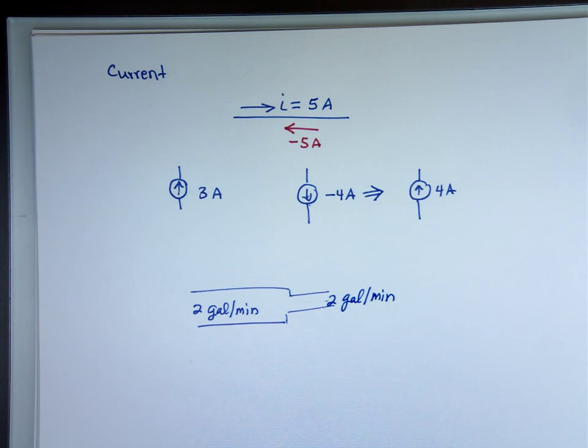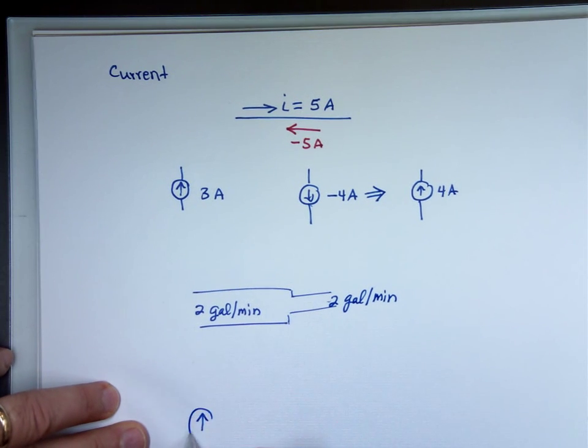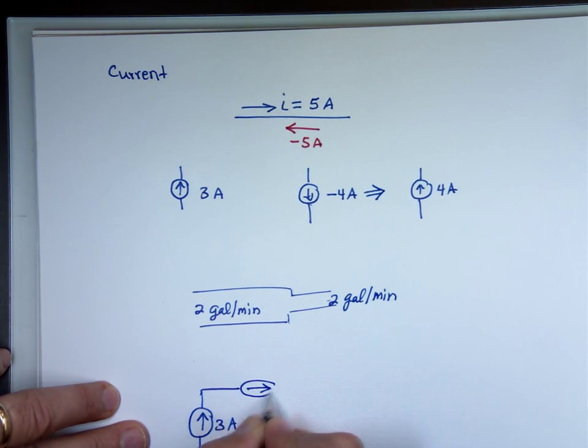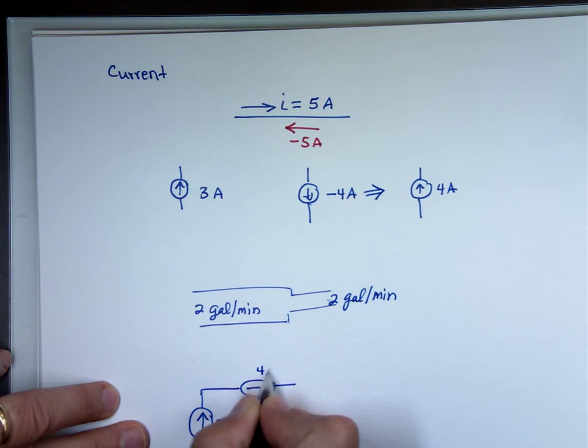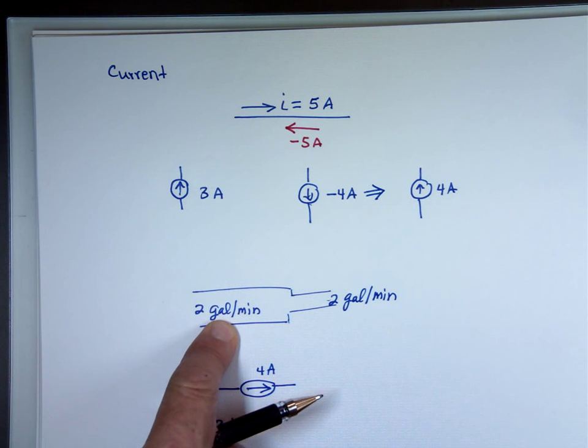So with current, if I have a current source here of 3 amps pushing up, and I attach another current source in this direction of 4 amps, that can't exist. That's impossible. Why? Just like having that picture. Notice the current going up.